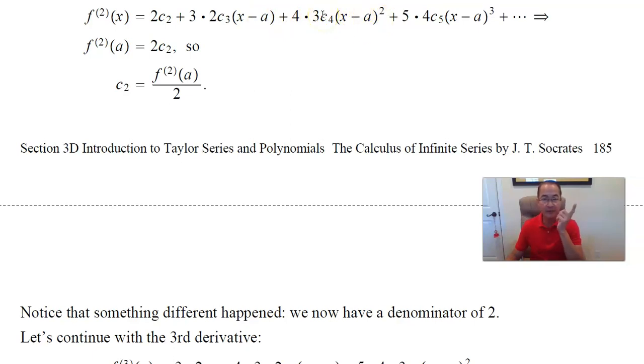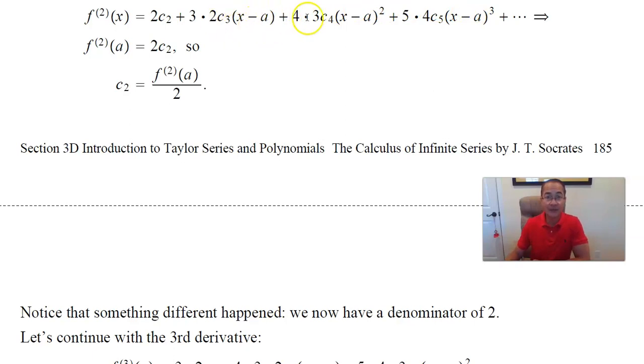You get 4 times 3 times 2, 24 c4 (x minus a) to the power 1. The 3 will drop down, and you'll get 5 times 4 times 3, 20 times 3, 60 c5 (x minus a) squared. I hope by now you're starting to see a pattern.